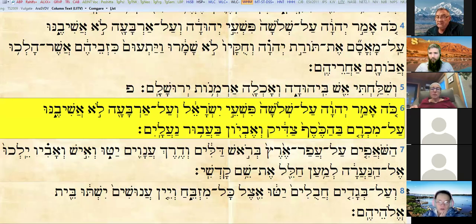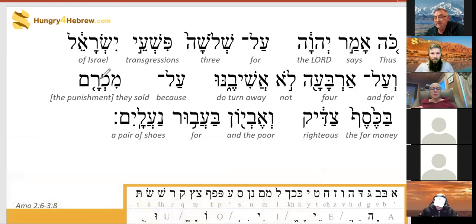Al michram bakesef tzaddik. Michram bakesef seems pretty clear. They're being sold bakesef, with silver. This is going to be like an instrument. Is it called instrumental? How is it called? Anyway, the noun is an instrument.